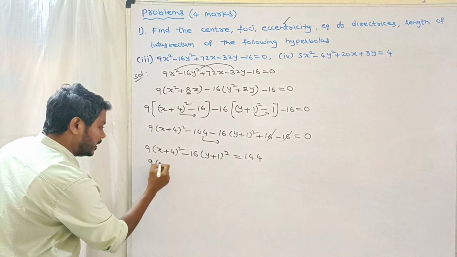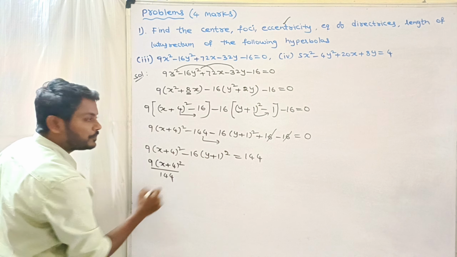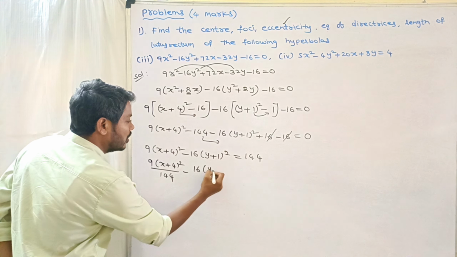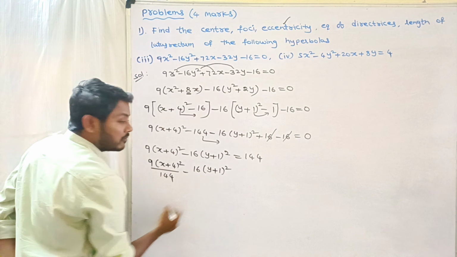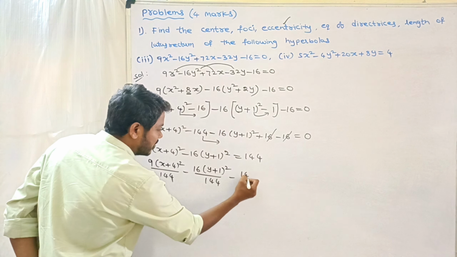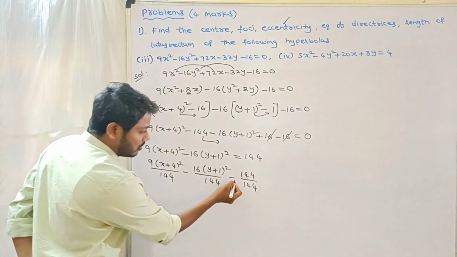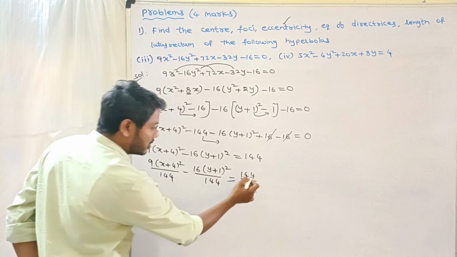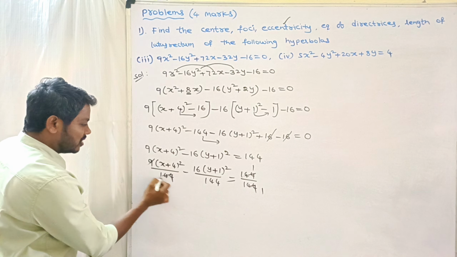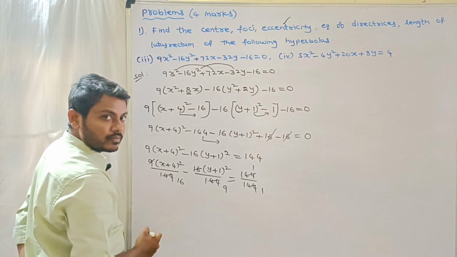Divide the given equation by 144. That is 9 into (x plus 4) whole square by 144, minus 16 into (y plus 1) whole square by 144, equals 144 by 144. Clearly 144 gets cancelled. 9 ones, 9 sixteens, 16 ones, 16 nines.